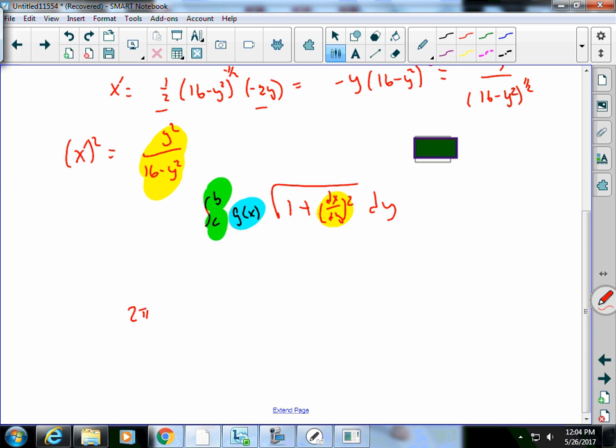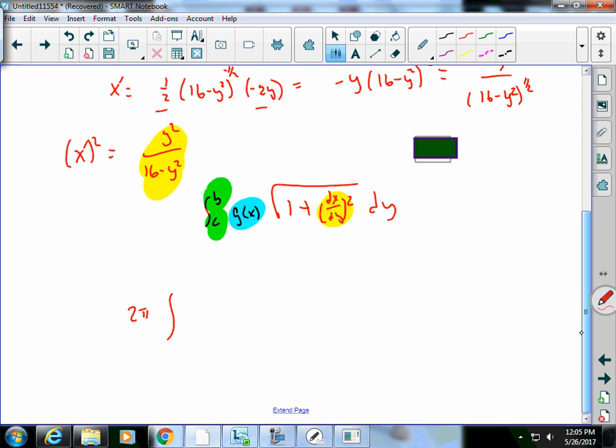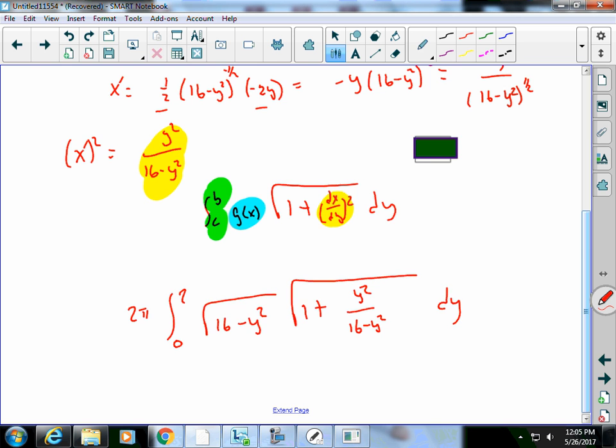We need a 2 pi. I'm going to integrate from 0 to 2. G of x, 16 minus y squared, the square root of that. 1 plus, that's a y squared over 16 minus y squared dy.